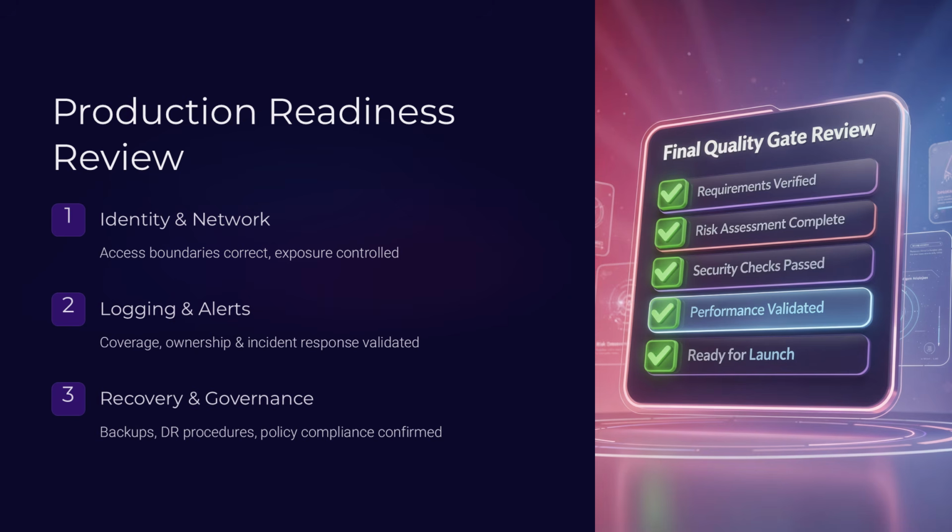You validate backups, recovery objectives, disaster recovery procedures, and testing cadence. You validate governance compliance, exception status, and cost guardrails. The leadership value is confidence before customer impact. The architectural value is a repeatable gate that prevents avoidable production failures.